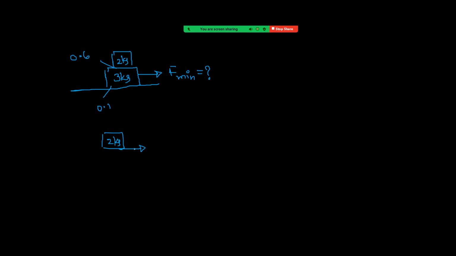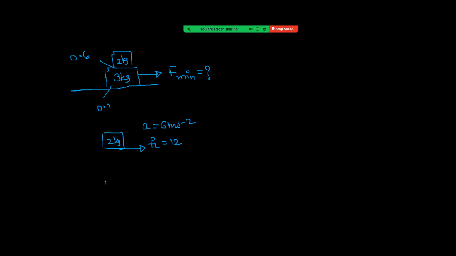It is the right side, because when we apply force on the 3 kg block to the right side, the 2 kg block moves right side only, not left side. So the limiting value is 12, right? Its maximum acceleration is 12 by 2, that is 6 meter per second square, because net force is 12, and net equals mass into acceleration.